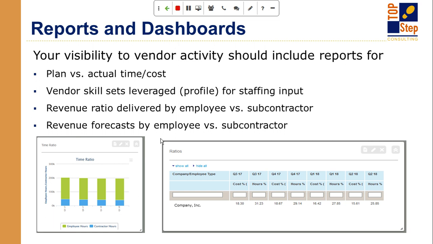Subcontractors for many companies are more expensive than their own resources, but depending on where you source those resources from, you could get a cost break if you engage a whole team, and sometimes those subcontractors can be cheaper than your employees. And this kind of metric gives you some visibility into, am I getting a better return on investment the more subcontractors I use?